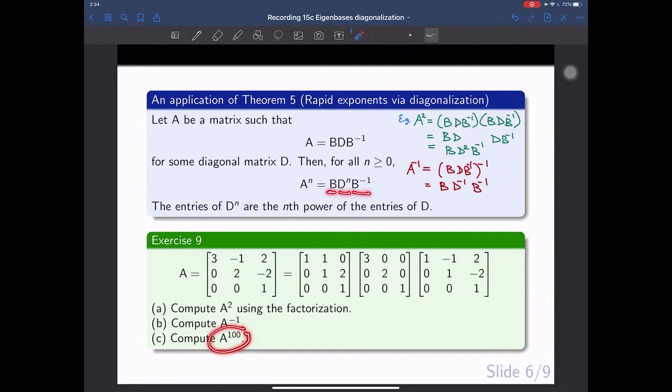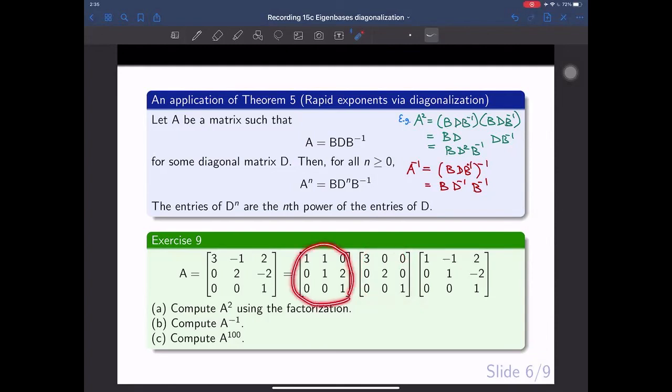And this is much faster than computing A to the 100 directly because D is a diagonal matrix. In this example, we have a factorization of A, a diagonalization of A. It could be computed in the way that I explained earlier, where here is the matrix where the diagonal entries are the eigenvalues.